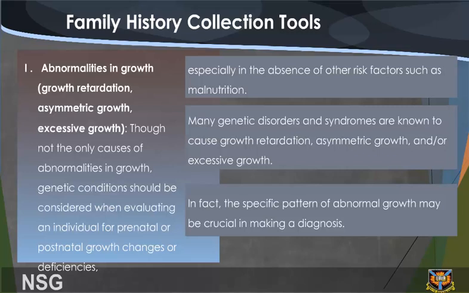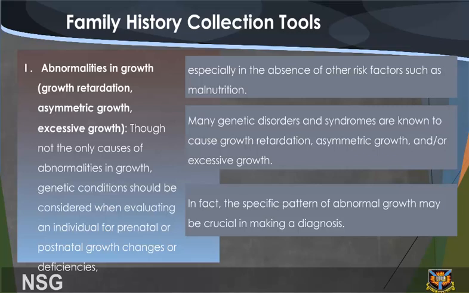I. Abnormalities in growth: growth retardation, asymmetric growth, excessive growth. Though not the only causes of abnormalities in growth, genetic conditions should be considered when evaluating an individual for prenatal or postnatal growth changes or deficiencies, especially in the absence of other risk factors such as malnutrition.